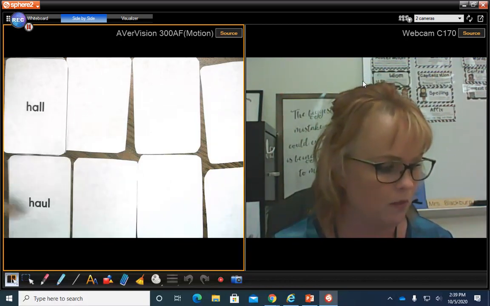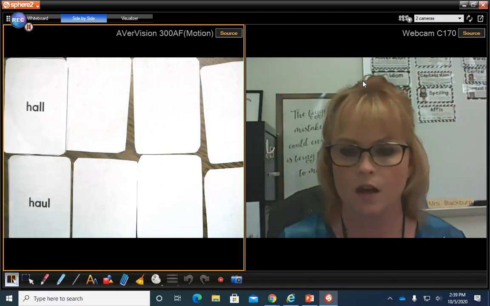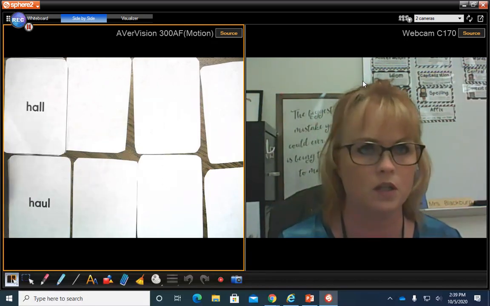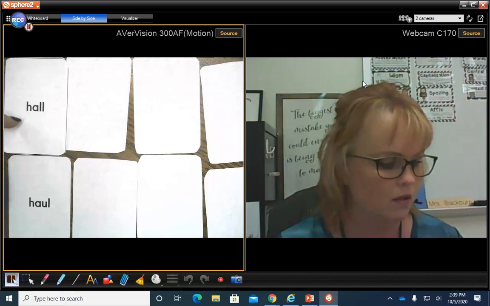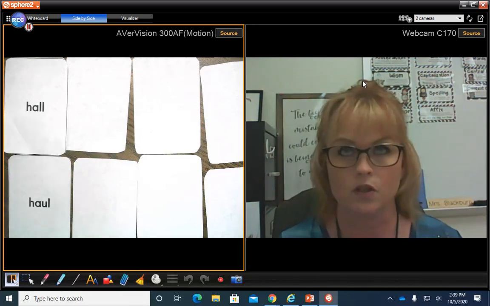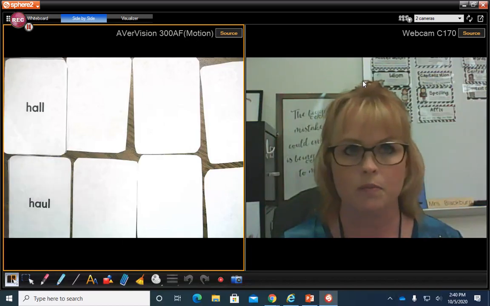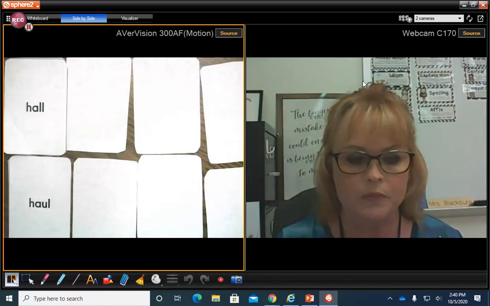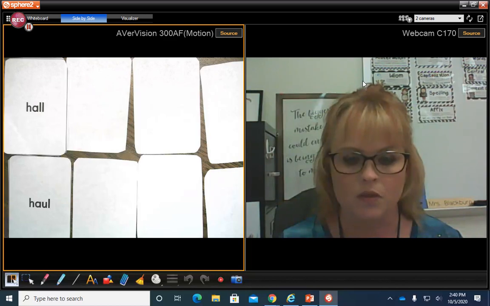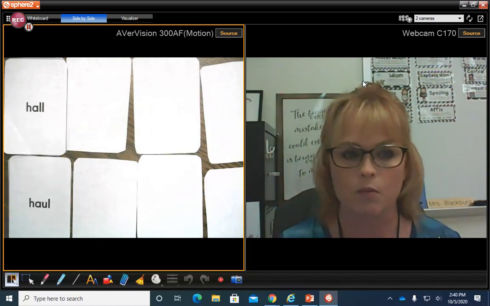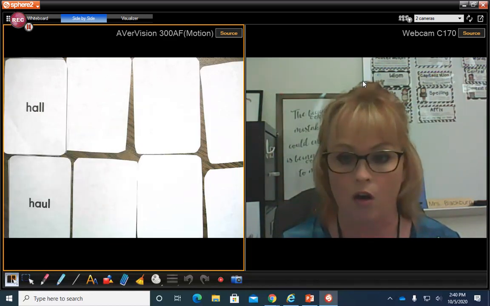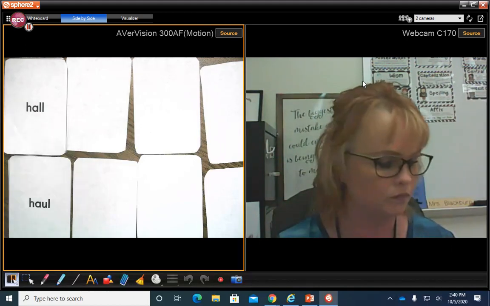They have two separate spellings. So now that I have turned them over, I'm going to try and put each one in a sentence. Let's try and think of a sentence for each one. This type of hall would be like a hall at school. So the students were very quiet as they were walking down the hall at school.